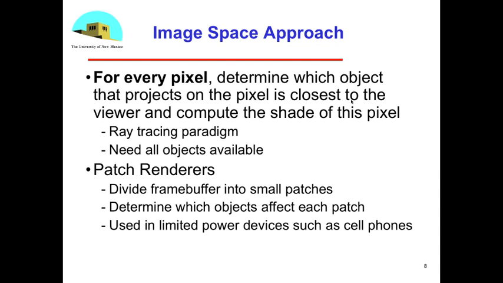Now the problem for image space approaches is that not only do you need all the objects available, but in some sense you're asking, what does this object have to do with this other object? So you have a worst case complexity that's kind of like sorting. If you compare an object to all the others and know what the intersection of that object is with the others when it's projected, you're done dealing with that one.